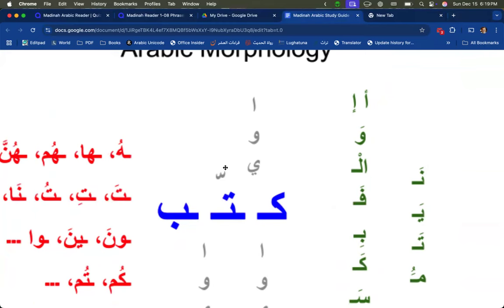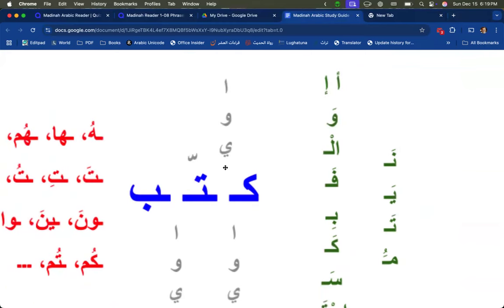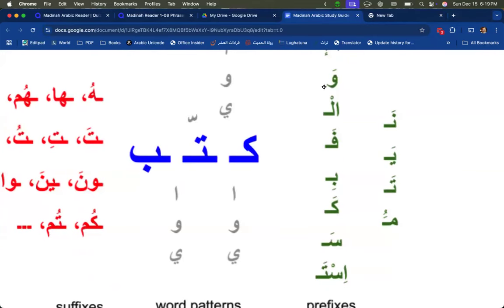Clear? And then you can have prefixes for the words like al-kitab, wa-kitab, fa-kitab or bi-kitab. These other prefixes work with other kinds of verbs. You can say, for example, maktab, if you put the meem prefix, right?